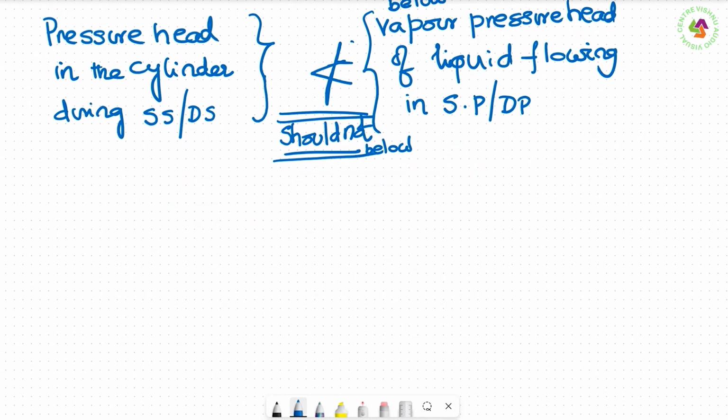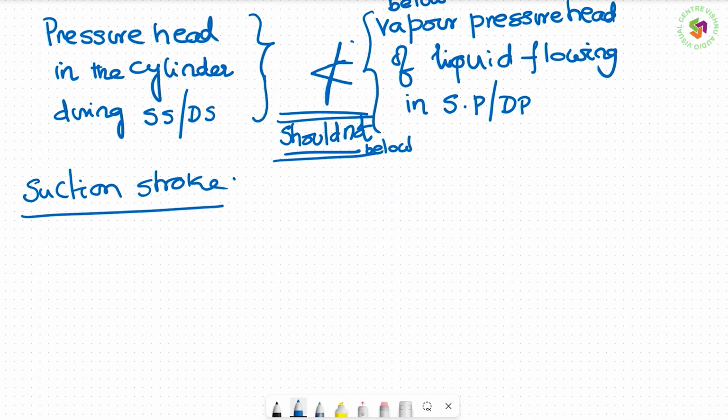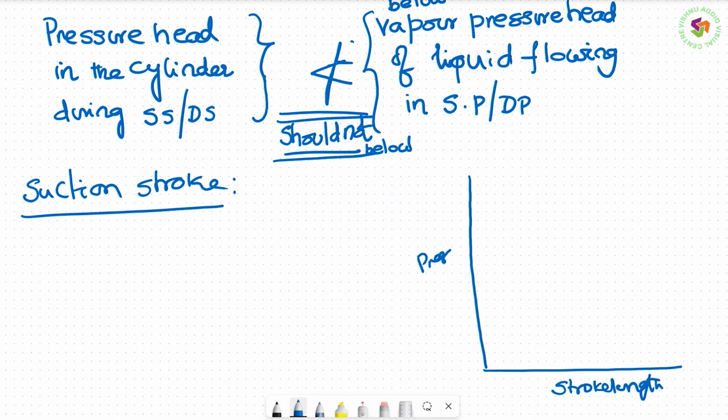Now, if you take, for example, the suction stroke, just recollect. Draw the indicator diagram showing all the effects. If you want, I will show a rough diagram on this side. I will write stroke length, and this is pressure head. For your understanding, this is H atmosphere.